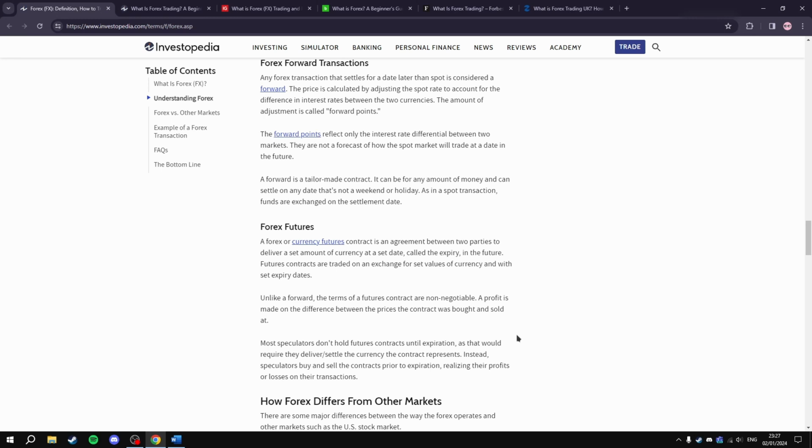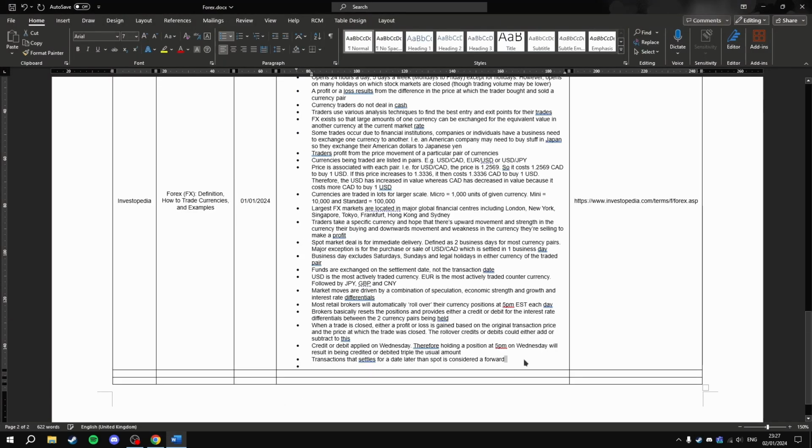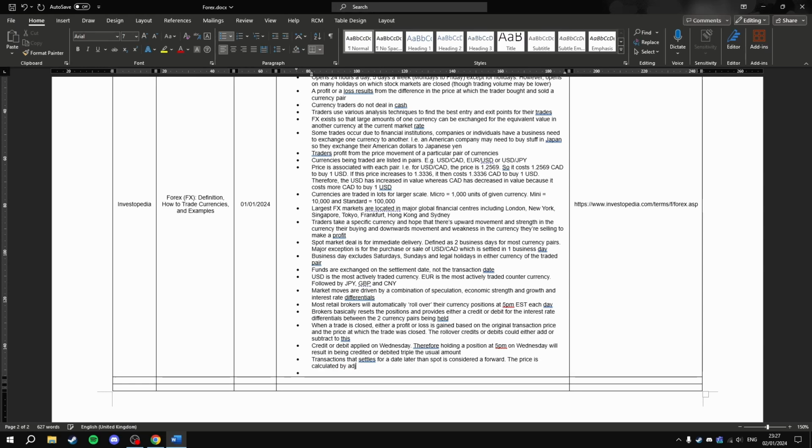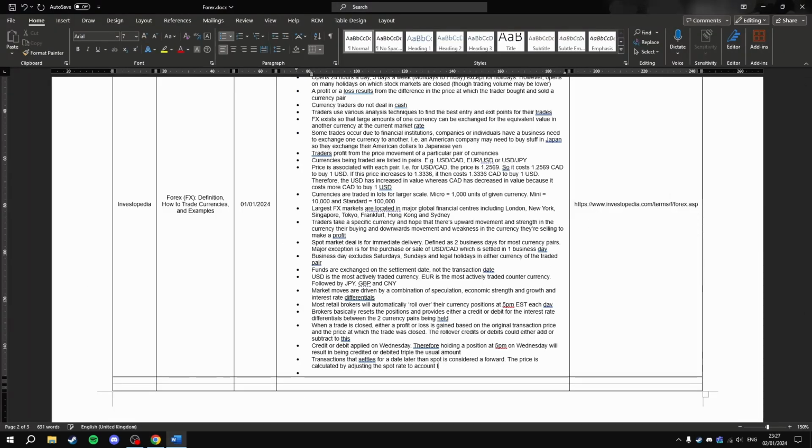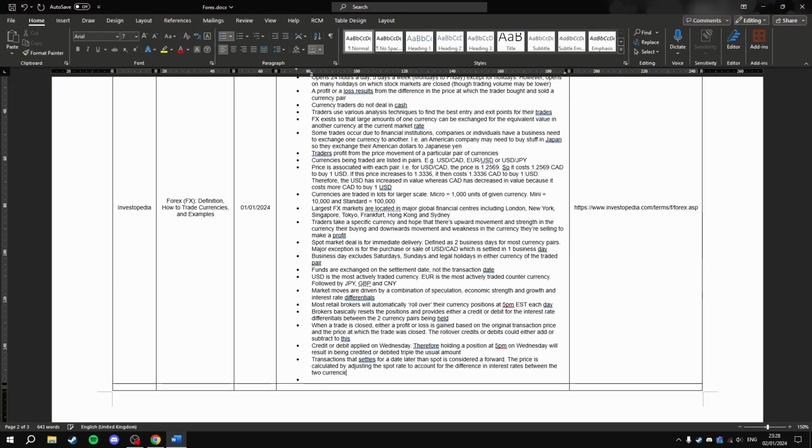The amount of adjustment is called forward points.